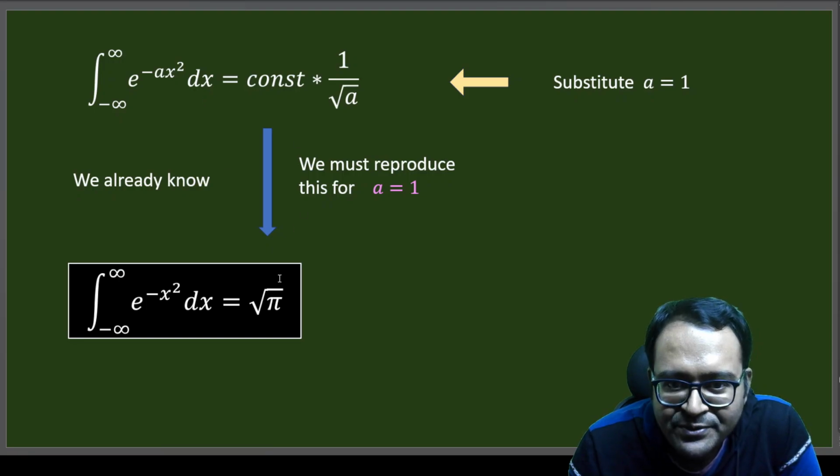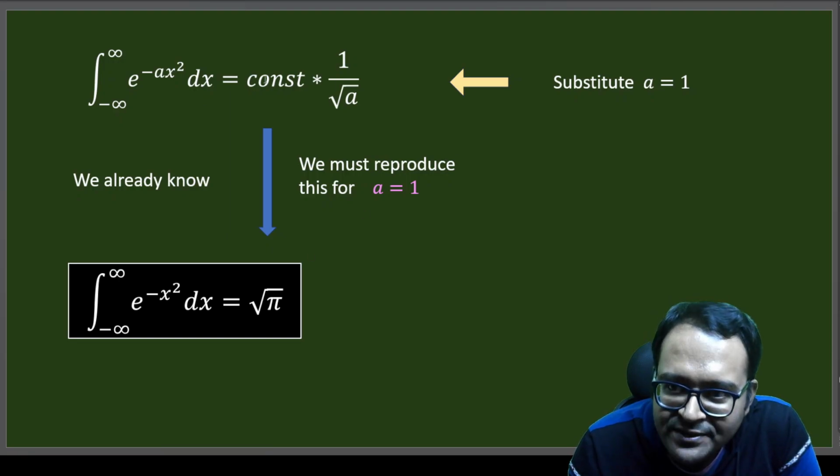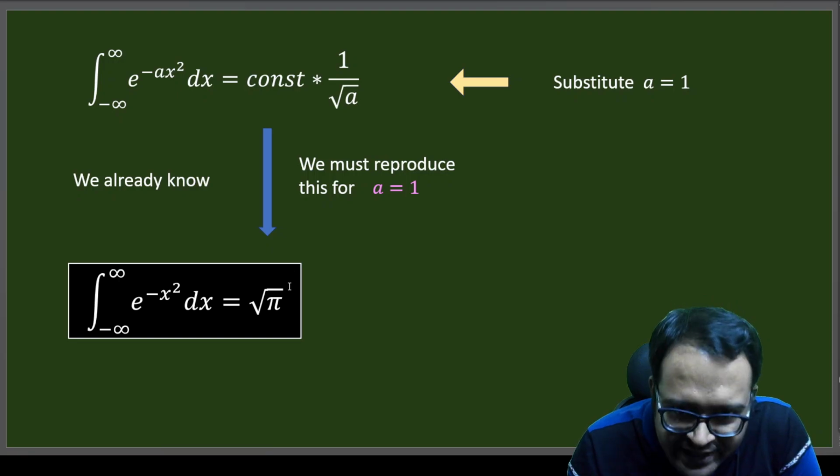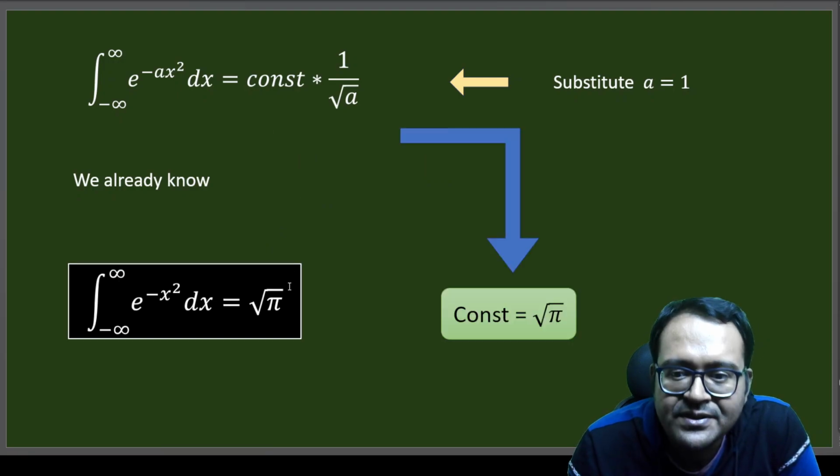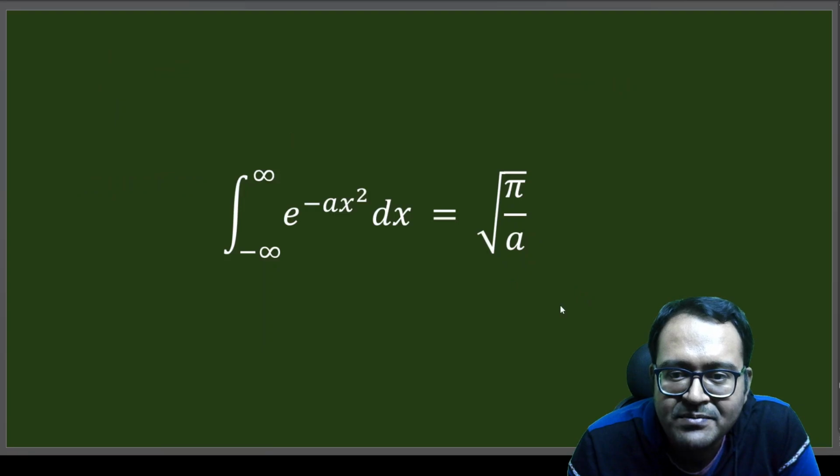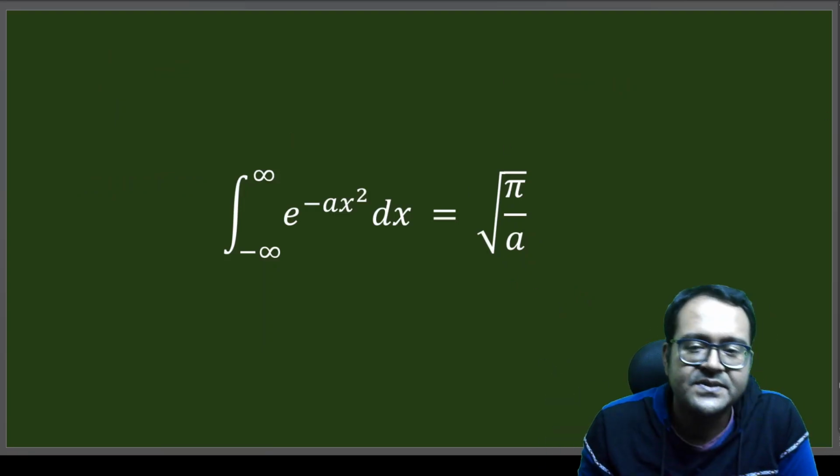We must reproduce this value for a equals 1. So substitute a equals 1. You should get this, which gives you your constant equal to square root of pi. So then your final result will be square root of pi by a.